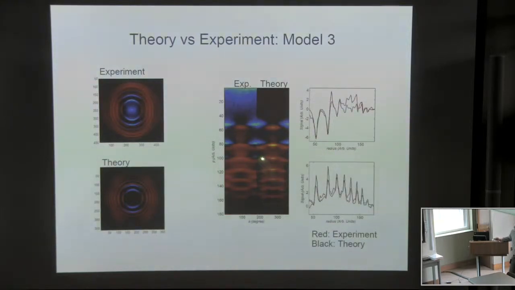And there also seems to be some extra angular feature coming in the theory that doesn't look like it's in the experiment. But I should say that all these results are preliminary results. I'm still working on improving the models. These angular distributions are not converged yet.